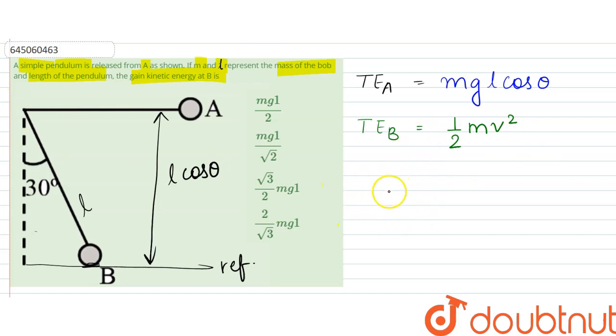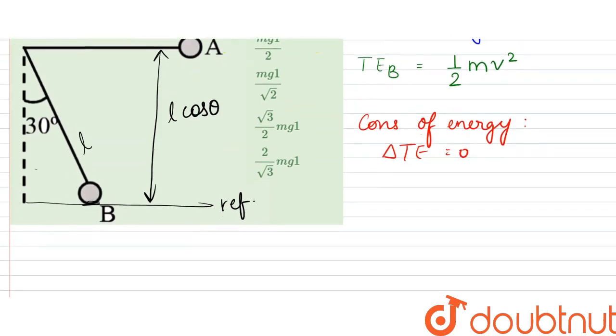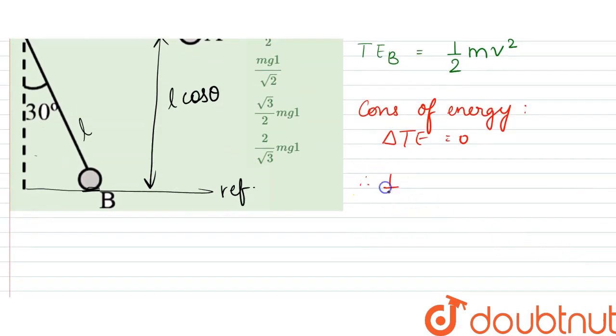We can use conservation of energy, that is delta TE, the change in total energy, should be 0. Therefore half mv square could be written as mgl cos 30.